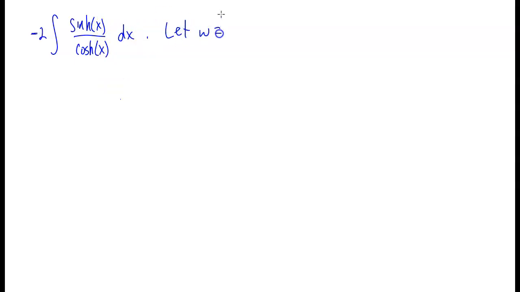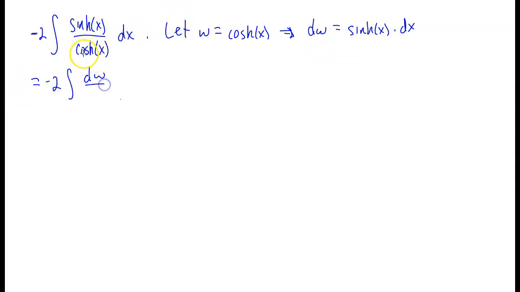If we let w equal cosh x, then this is going to imply here that dw is going to be sinh x dx. Okay? And of course, sinh x dx could just be replaced with dw, and cosh x could just be w.